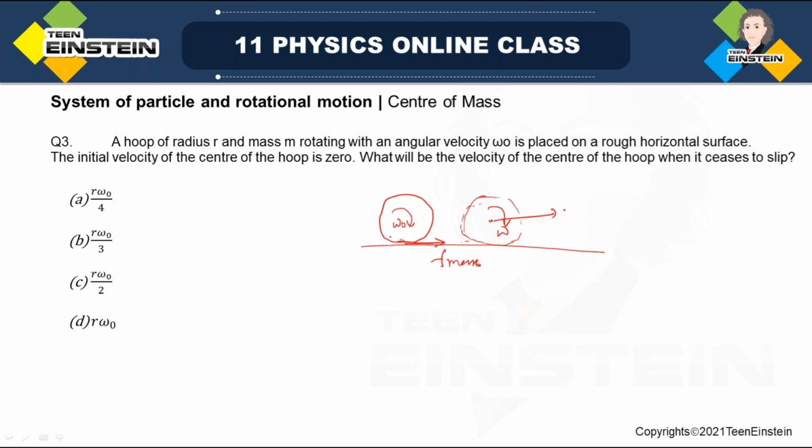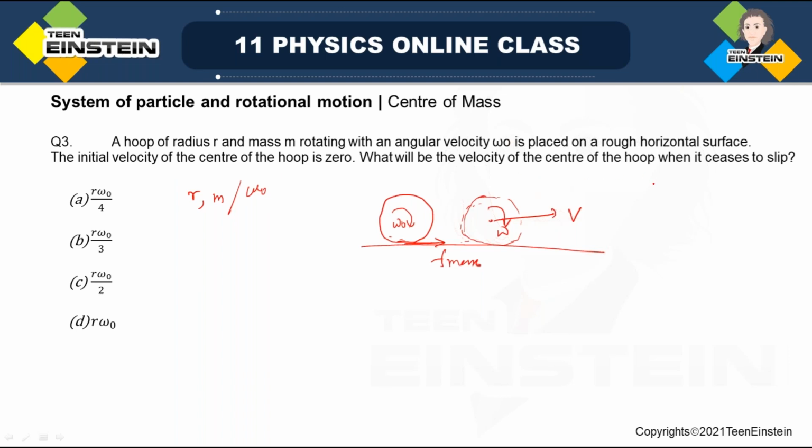Then the velocity suppose becomes v. So there was a hoop of radius r, mass m, with angular velocity omega 0. It is rotating. The initial velocity of the center of the hoop is 0.